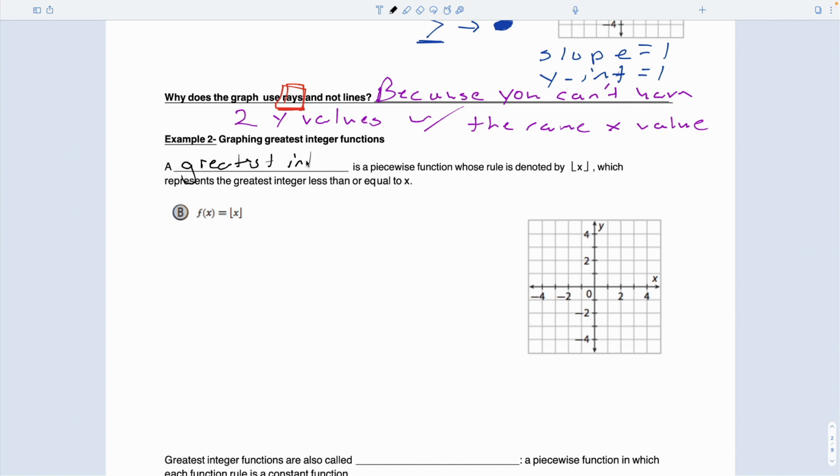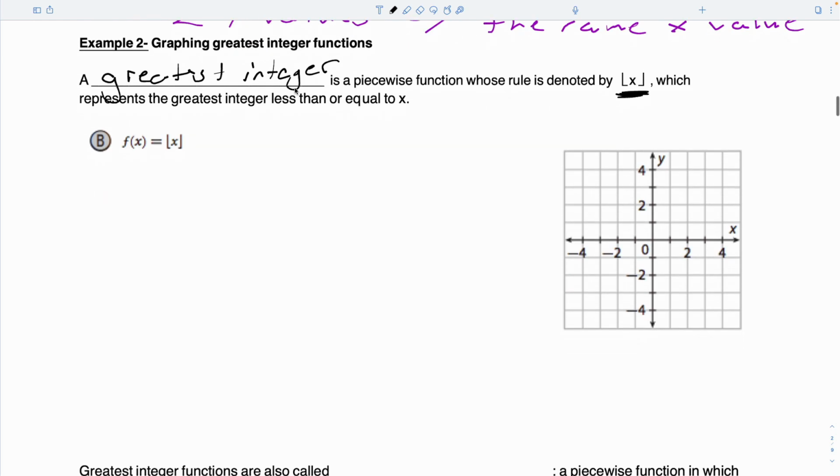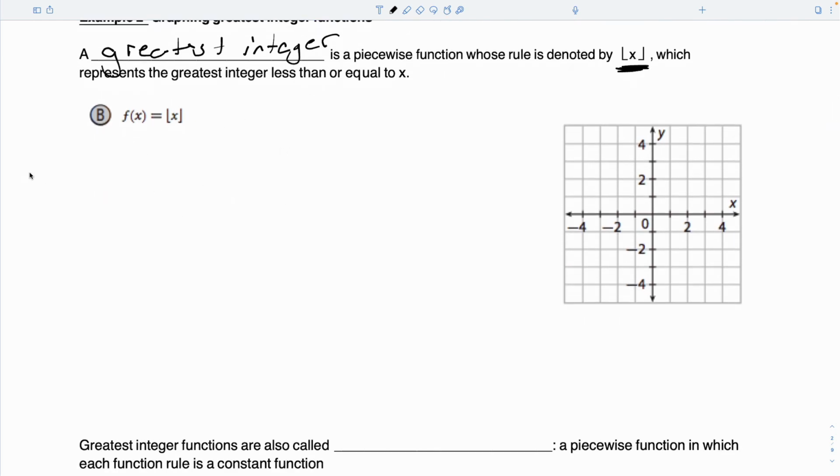A greatest integer function is a piecewise function whose rule is denoted by this sign. There's a little leg at the end. It looks like brackets or parentheses. It's slightly different. We want to graph this thing.